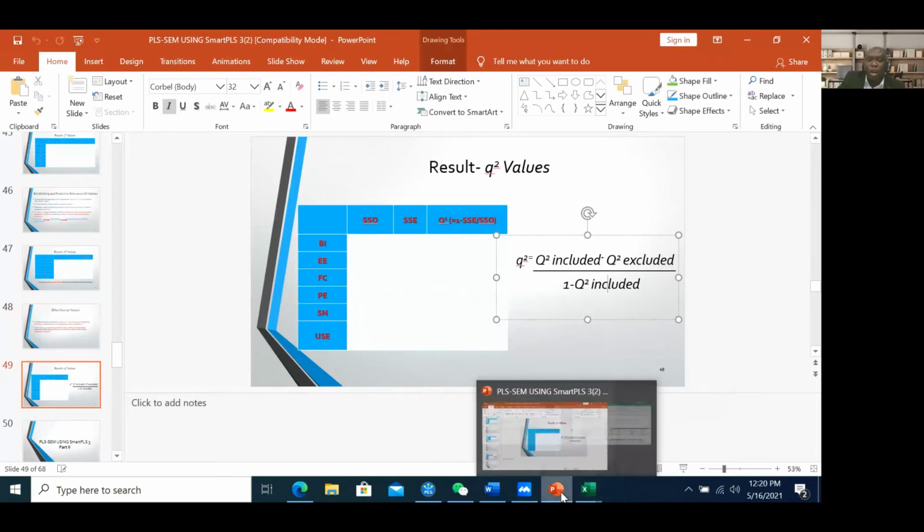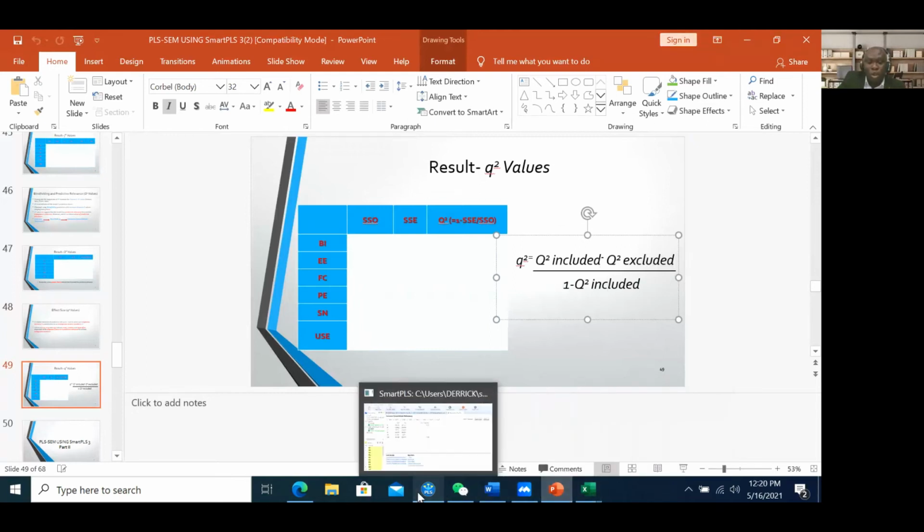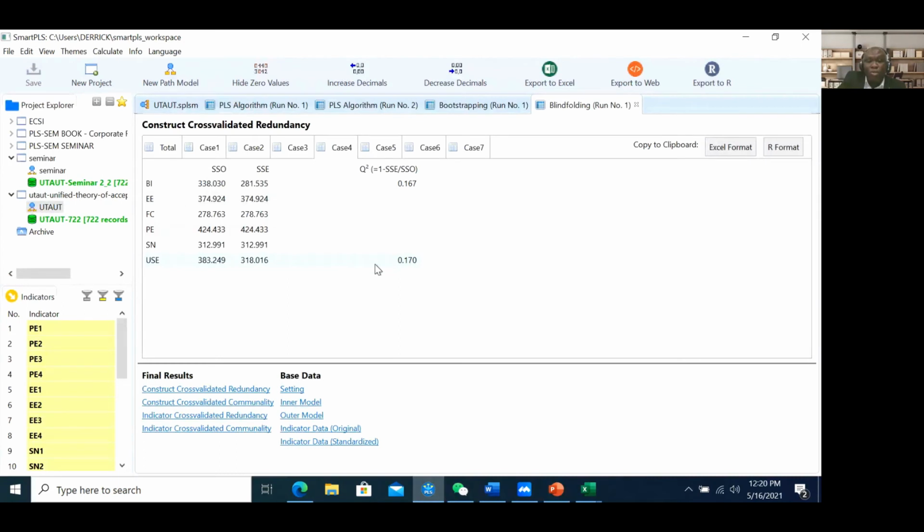So if your mathematics is not very good, this is where you find problems. But I have a tiny Excel program that can do the computation for you. You just need to pick the values and put them into it. It gives you the result for the q squared. I will share it with you when we are done.